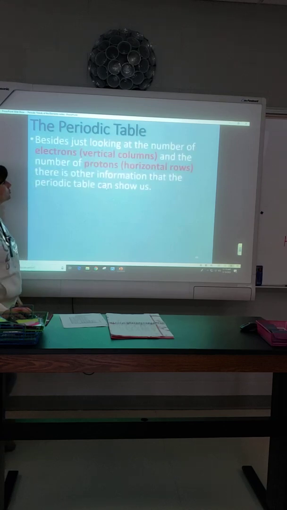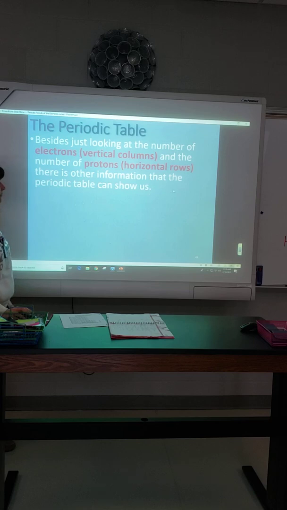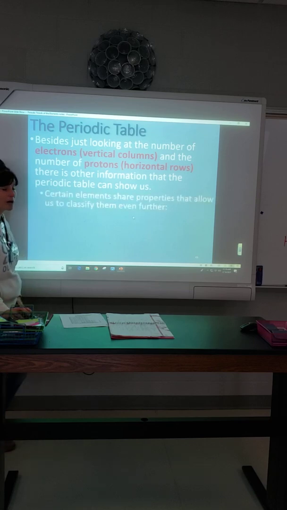Okay. So besides looking at the number of electrons, the vertical columns, and the number of protons, the horizontal rows, there's other information that the periodic table shows us, because certain elements are going to share properties that allow us to classify them even further. So group 1, or the alkali metals, and the alkaline earth metals, they have certain properties.